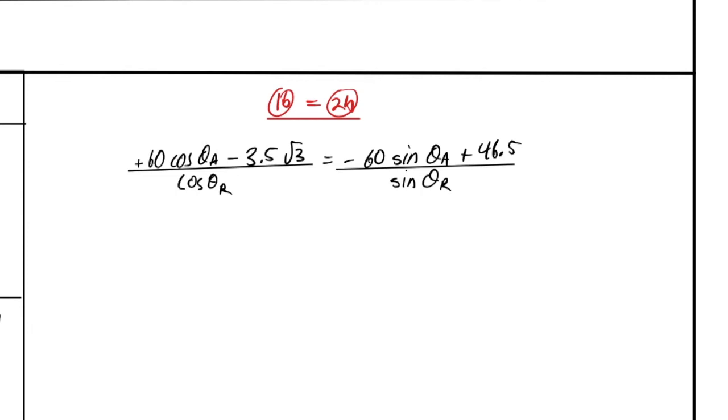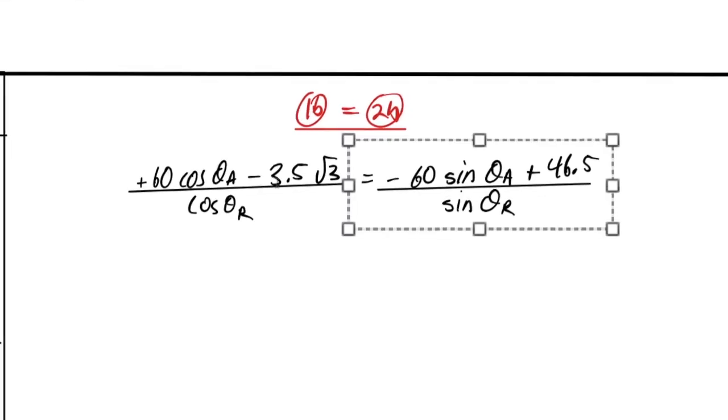So we actually have to reduce this down to a single trig function. Having these two separate trig functions, they behave just like unknowns, and that's kind of gross. Again, a reminder, theta R is known, so cos theta R is just a number. Sine theta R is also just a number.